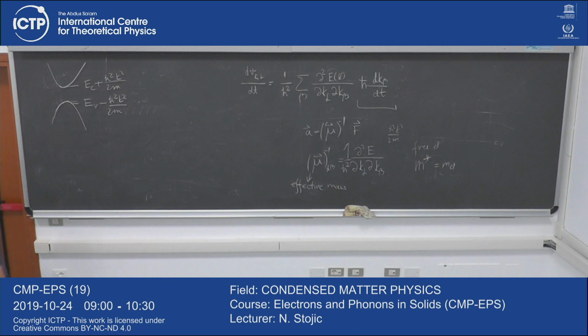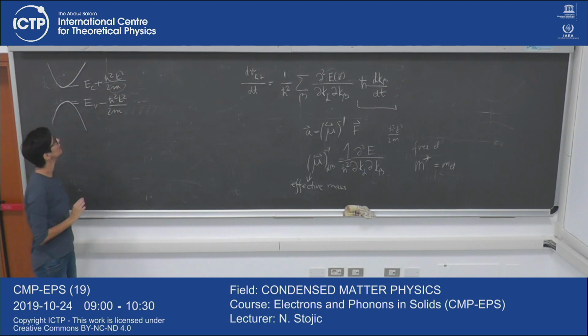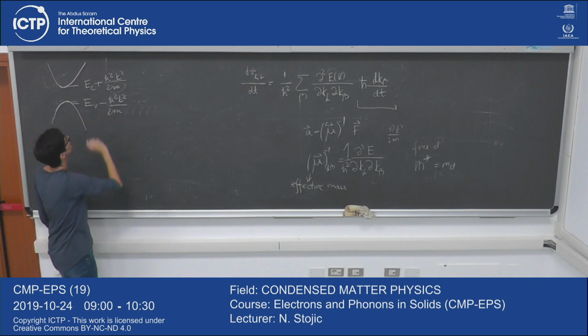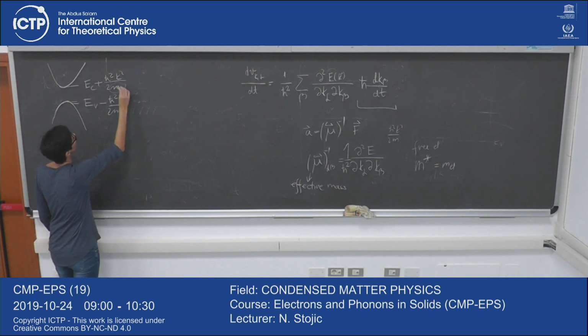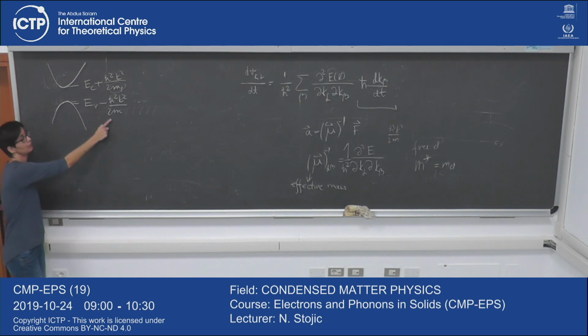What will you have? We take a second derivative here. You will get a mass. This is the hole. Well, this is an electron. You will get a positive effective mass. Here, you take a second derivative. You will get a negative one.